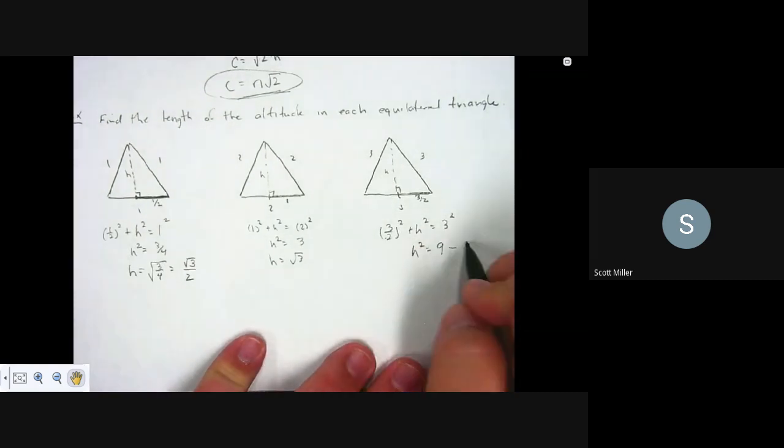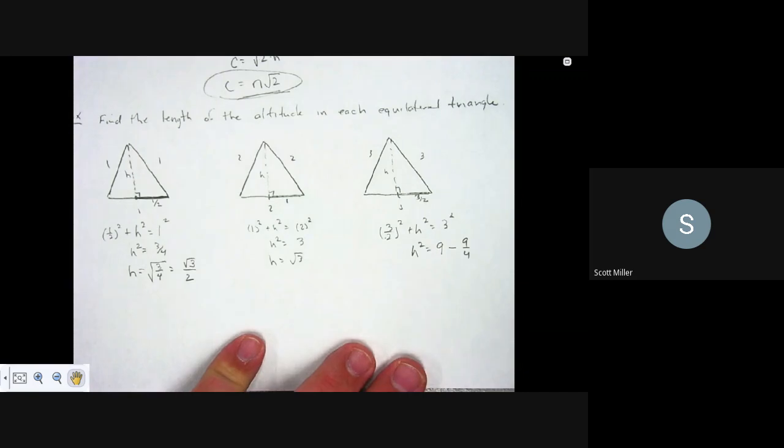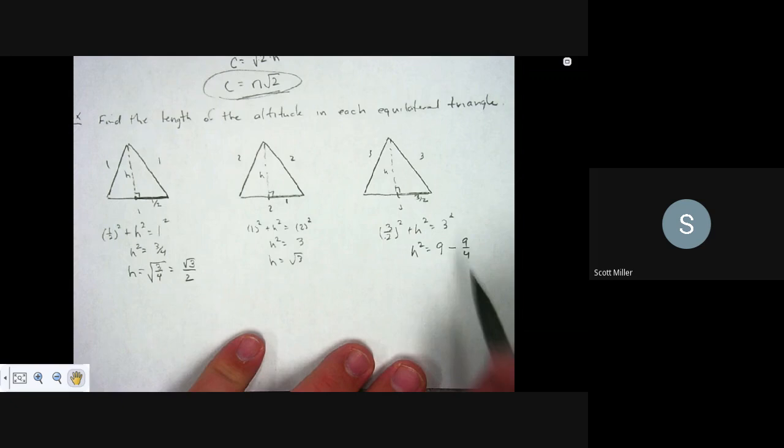So this would be 9 minus 9/4. Okay, and as we work this out, we have 9 minus 9/4, and you're going to get 27/4.